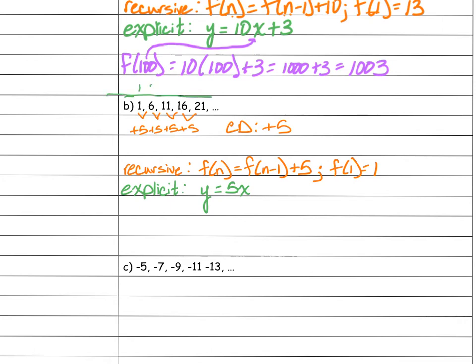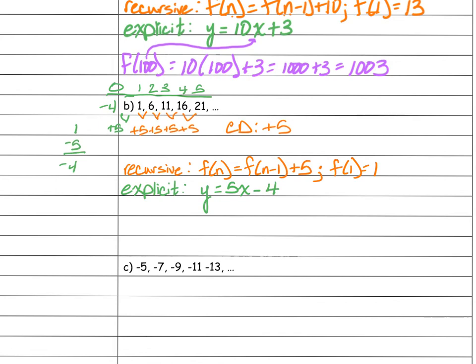So I've got my first term, second term, third term, fourth term, fifth term, and I want to find my 0th term. So what number do I add 5 to get 1? The easy way to do that would be 1 minus 5, negative 4. So my 0th term is negative 4. So I have y equals 5x minus 4. And there's my explicit equation.